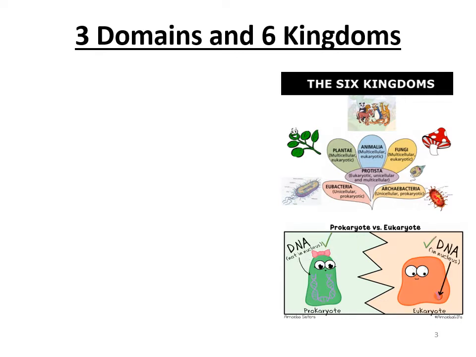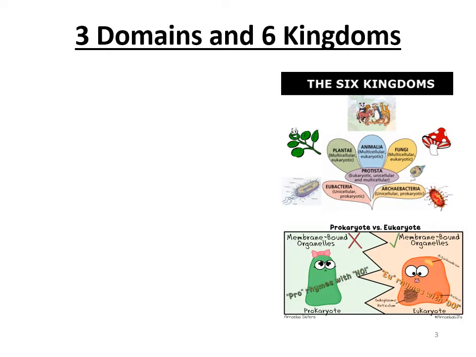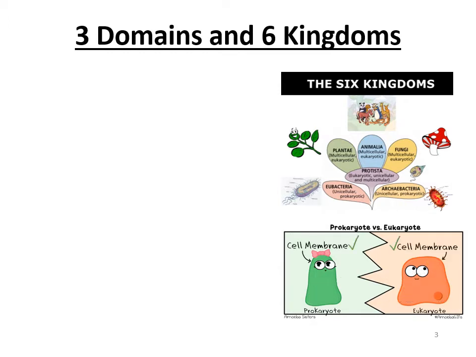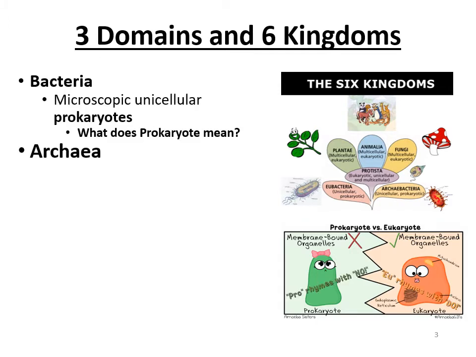On this slide, we review the domains and kingdoms, and this early portion of the slides is more like a review of things you've probably encountered elsewhere. The three domains are bacteria, archaea, and eukarya.